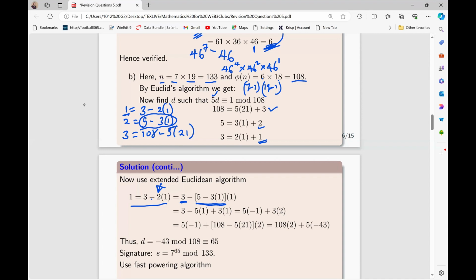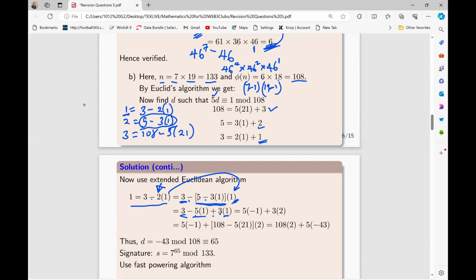Then this 1 is the one you're seeing here. At this point, you just open the brackets using the minus and the 1 that are outside the brackets. Write it here, 3. Then this minus times 5 will be minus 5 times this 1. This minus times this minus gives us positive 3 times this 1.